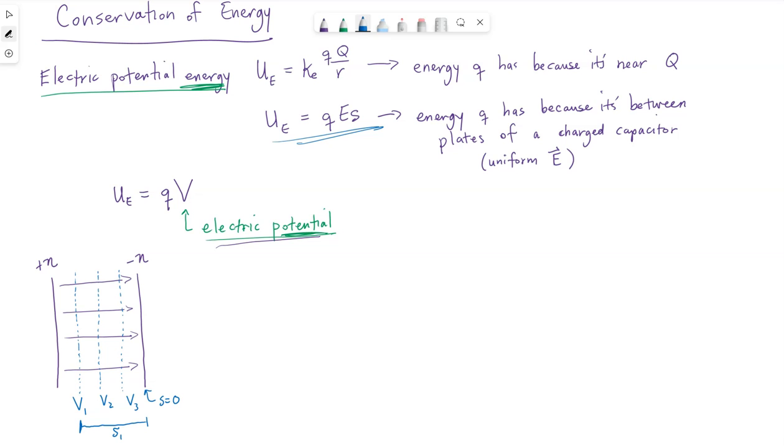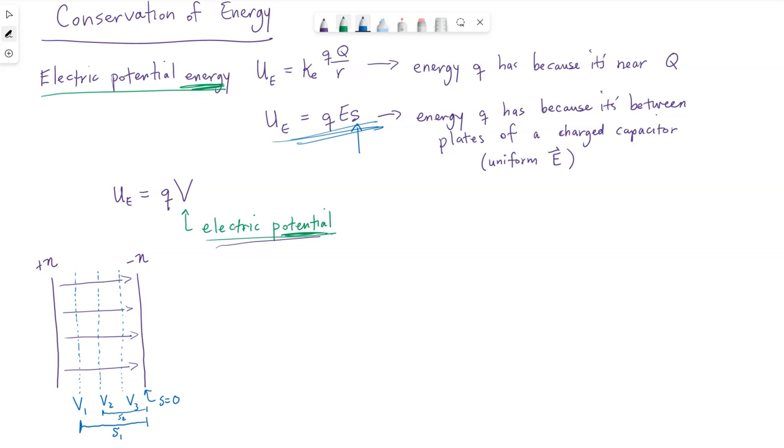So for example, S1 would be from the negative plate to where I drew that equipotential surface, V1. S2 would be from the plate to where V2 is. So in this equation, that's what we mean by S, the distance from the negative plate.